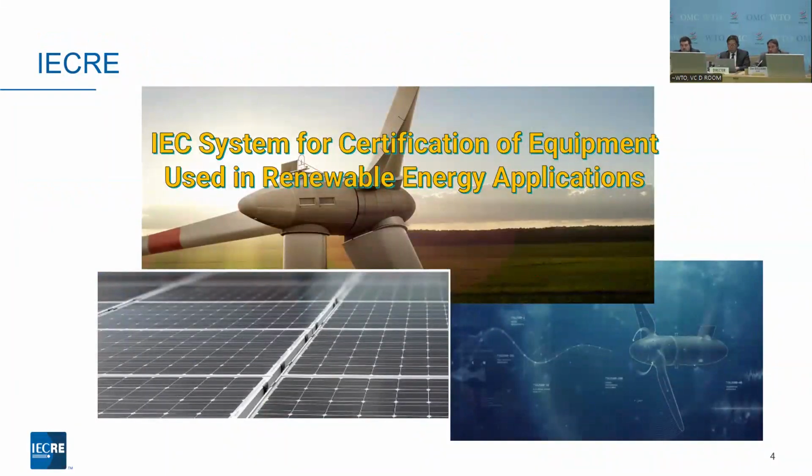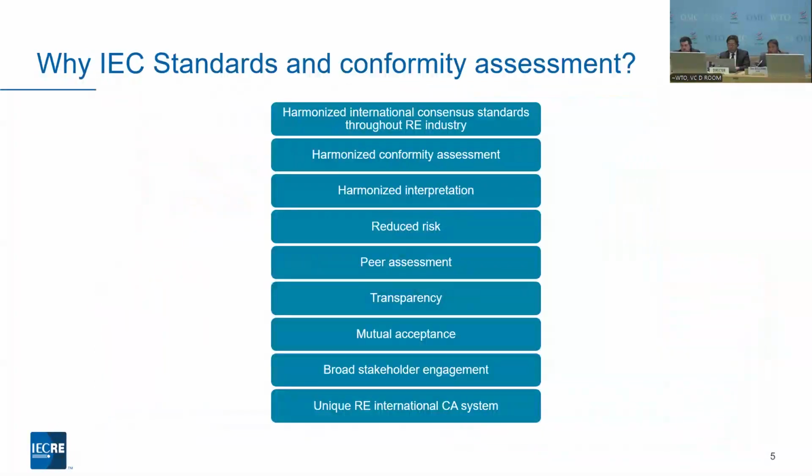So, introducing the IECRE now. As we know, it's applied towards the renewable energies products and also the infrastructure of power plants. So why IEC standards and conformity assessment? Because they're based upon internationally harmonized consensus standards. There's harmonized interpretation of those standards within the IECRE, which we'll get into in a bit, when we get into how the IECRE operates on a global platform.